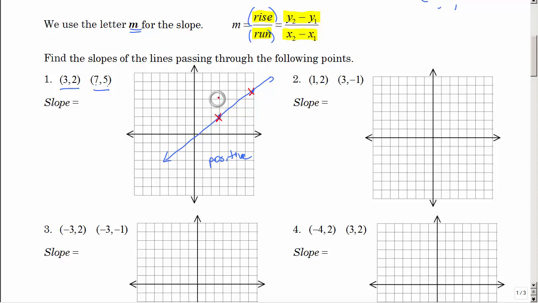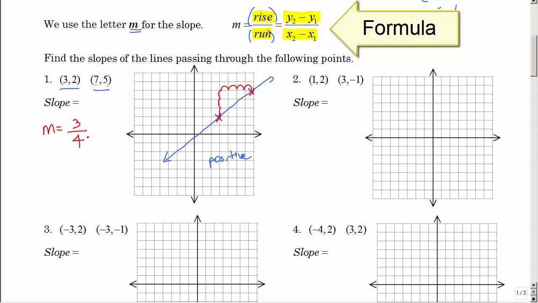I would have to go up and over, rise over run. Let's count. So I'd have to go up 1, 2, 3. So my slope would be positive 3 because I rose 3 and I went over 1, 2, 3, 4. My slope is 3/4.